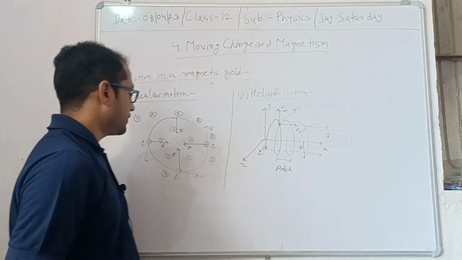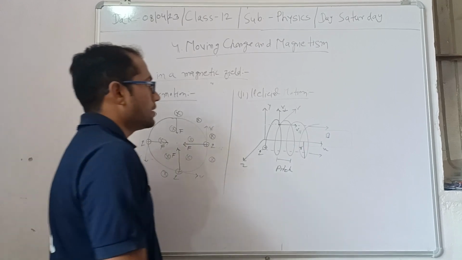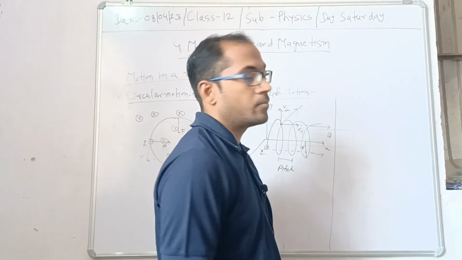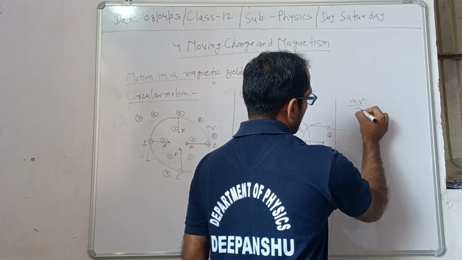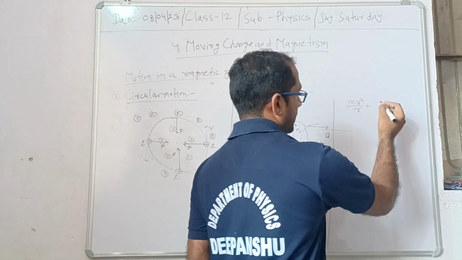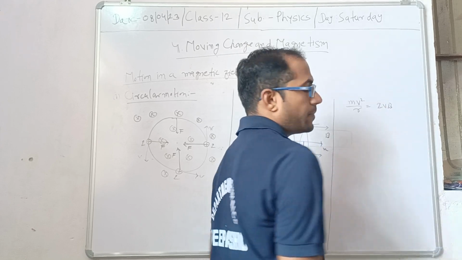Because we are now dealing with circular motion and helical motion, we use the force balance: mv²/r equals qvB. The left side is the centripetal force and the right side is the magnetic force.